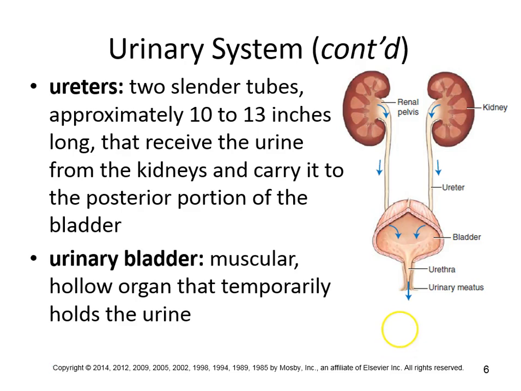The ureters are 2 slender tubes, so they're about 1 foot long, between 10 and 13 inches, and they transport the urine that's created in the kidneys down to the posterior portion or the back portion of the bladder. The bladder itself is a muscular hollow organ, and its job is to just basically temporarily hold urine until you're ready to pee.